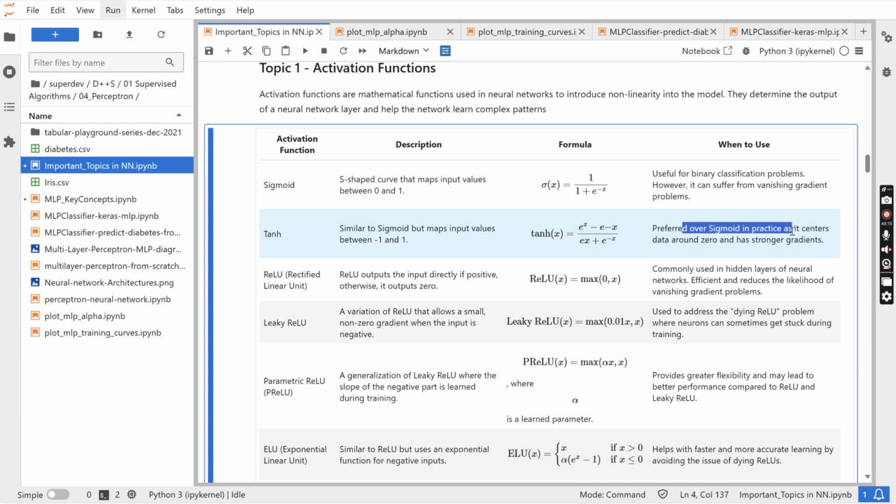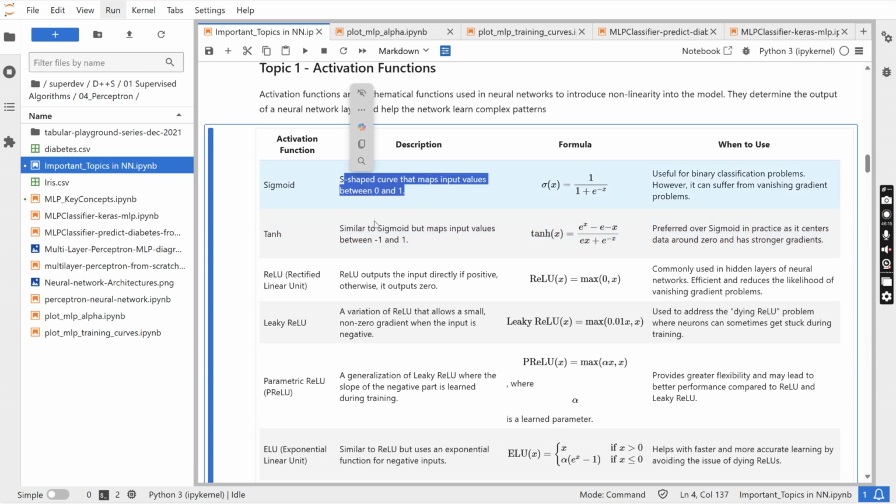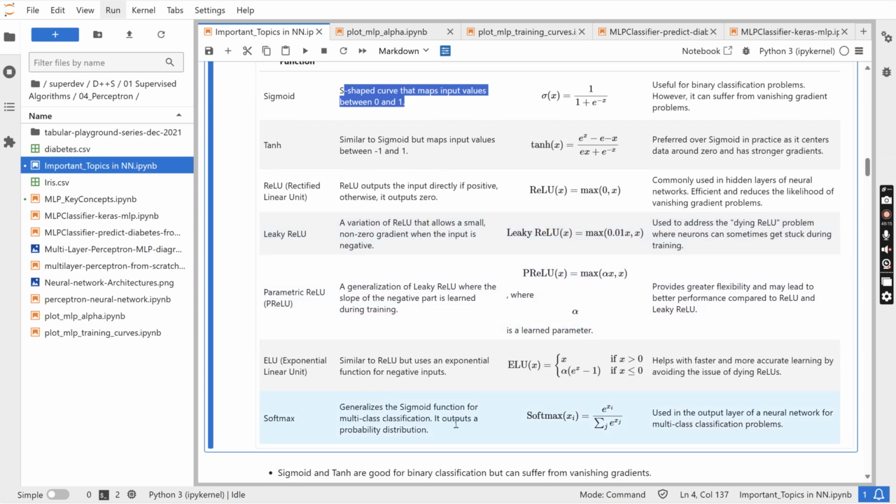And this is usually preferred over sigmoid, because it centers the data around 0. Basically it does some sort of zero centering, and it has stronger gradients. Basically what we are saying is tanh is better than sigmoid. But notice the values, it maps them to -1 to 1, whereas sigmoid maps between 0 to 1, that is the difference.